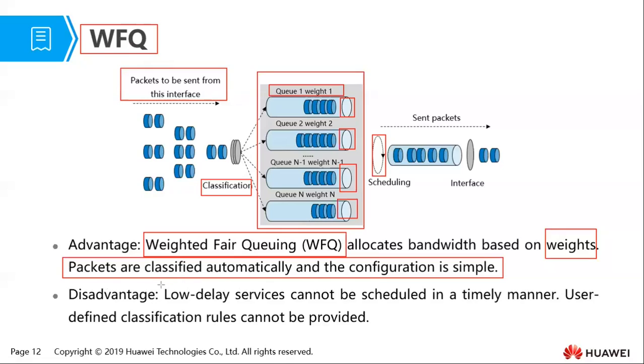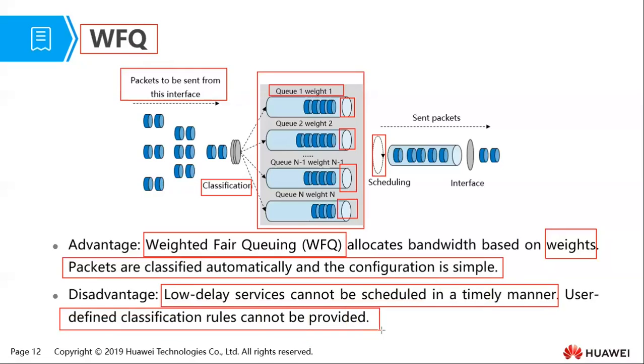Disadvantage with this is that low delay services may not be scheduled in a timely manner, and user-defined classifications are not possible because it's done automatically. So user-defined classification rules cannot be provided. So that's one of the disadvantages of weighted fair queue, that it's done automatically.